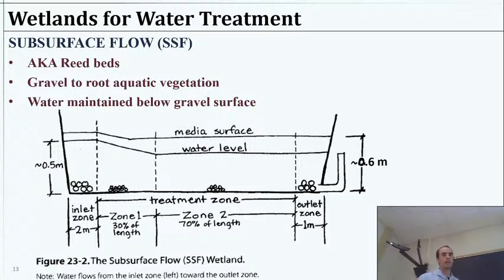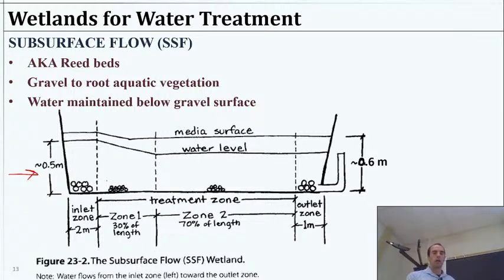Okay, so let's take a look at the scheme here then. So maybe you have half a meter of water, and that's just a little bit under the gravel surface. So you'd have water flowing maybe in this direction, have some inlet here, you have some treatment zones just flowing for a little while, and you see there's a bit of a gradient here to cause it to flow in that direction. You've got maybe 30% of the length as that gradient zone, zone 1. Zone 2, the rest of it pretty much.